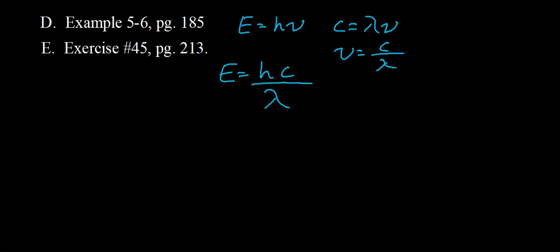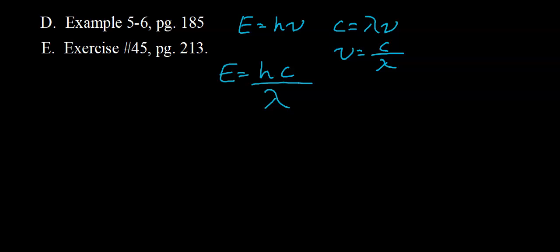They give off light of a different wavelength. So what we want to do is calculate the energy of both of those lights. So the light that has 440 nanometers wavelength and the light that has a wavelength of 670. And then the difference is what the plant uses for photosynthesis.